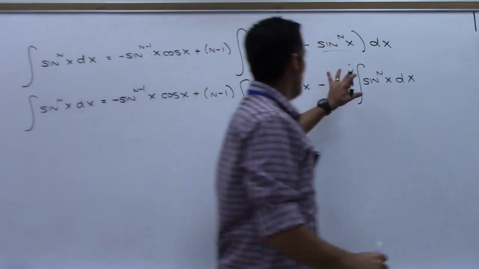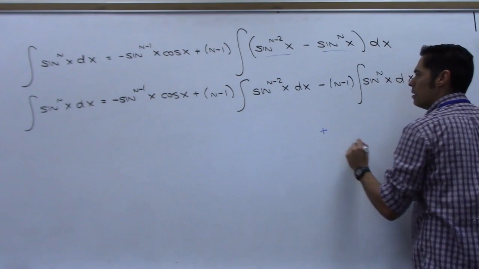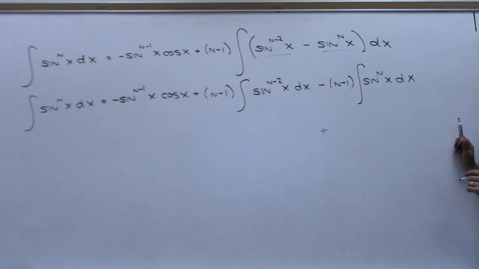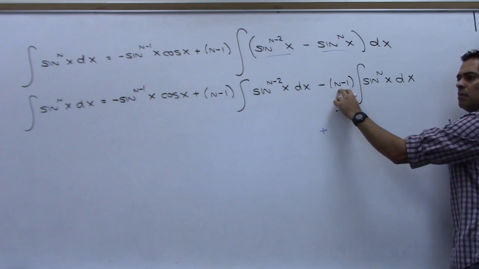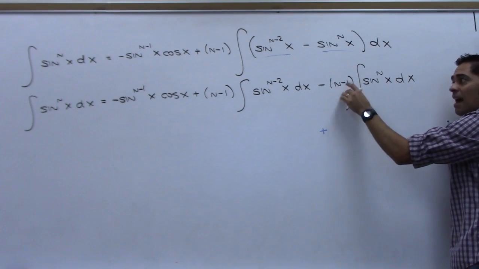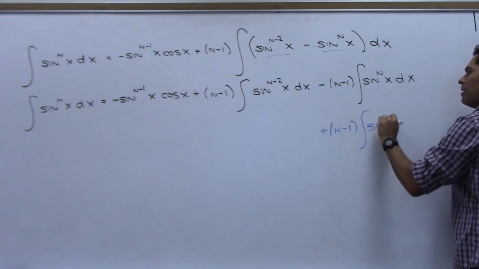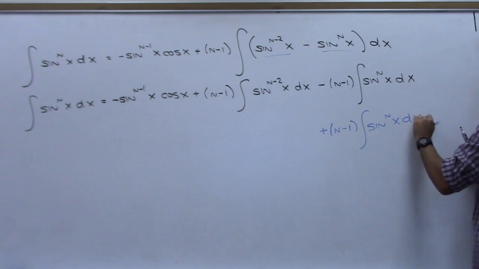How many of them do I have to add to both sides to make it go away over here? N minus 1 of them. This is a number. This might be minus 10, might be minus 5. So I need to add that number. That's how many of those integrals I have to add to both sides.